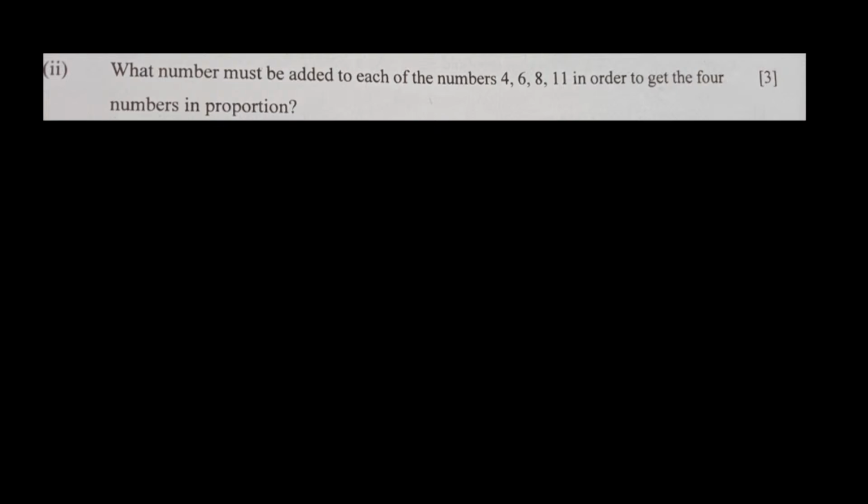See, this type of question we didn't do. I'll explain: what must be added to each of the numbers in order to get four numbers in proportion. How to do this type of question? We will assume some number, let x be added to each one of them.